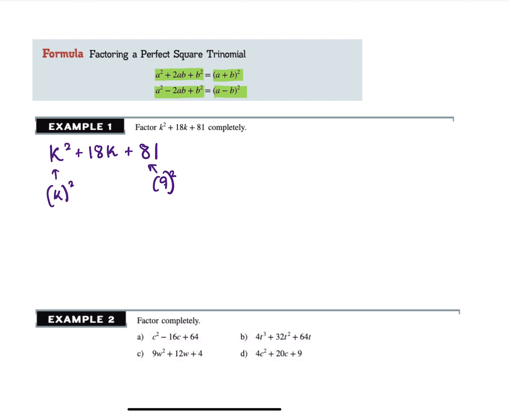So what we're testing for is if this middle term is the result of taking 2 times k times 9. That would be our 2ab, if our a is k and our b is 9. So 2 times k times 9, 2k times 9 gives us 18k, which is that middle term. So this does fit that pattern, which means it should factor into k plus 9 squared.